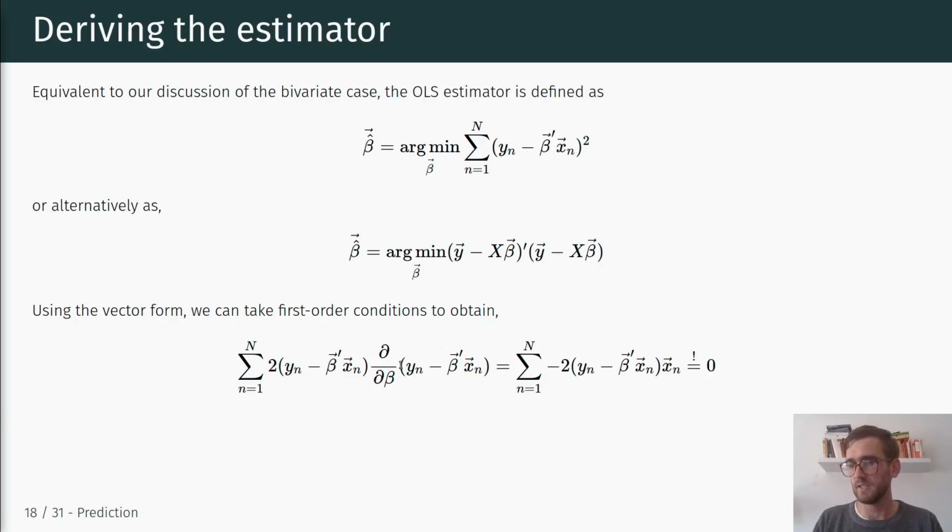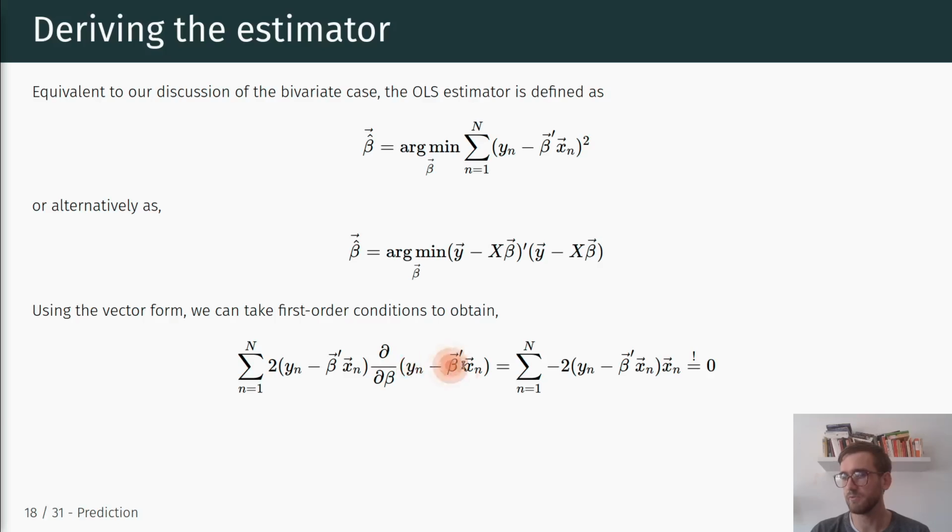The outside function is just square, so this is 2 times what is inside the parentheses, and then times the derivative of the inside function, which is just the partial derivative with respect to beta of this term again, right? So this is just applying the chain rule to the term that we have up here, okay? Now again, just transferred into the vector notation, okay?